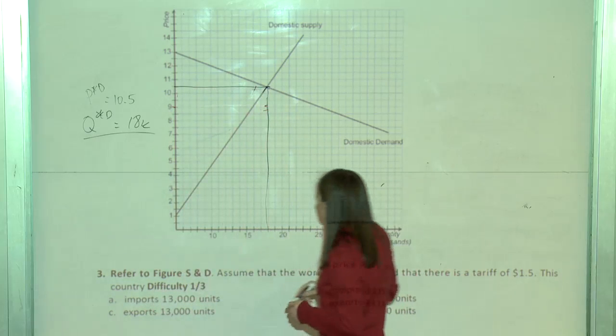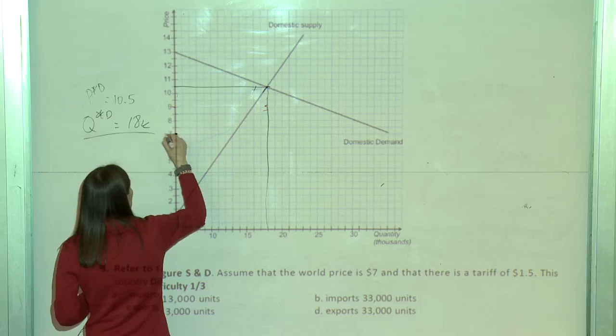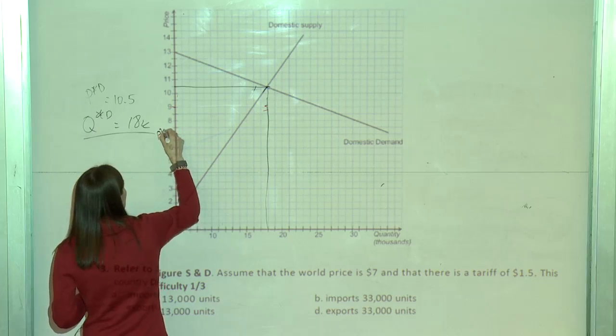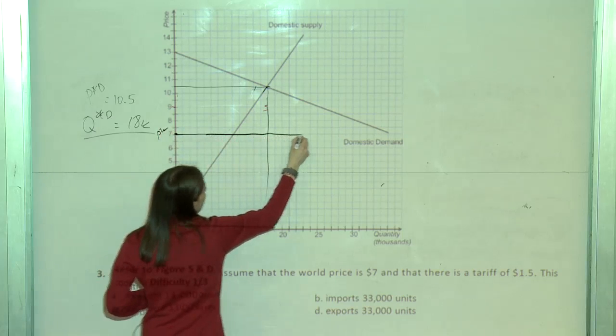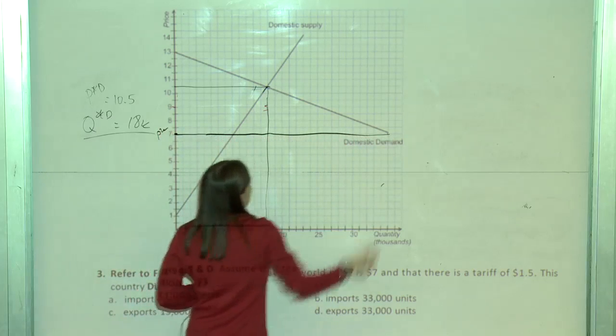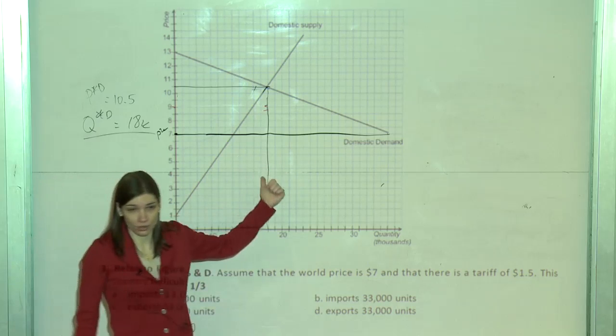Okay, so the world price is $7. So we're here. And without any tariffs, what would this country do? Import or export? Import, right? Because demand's higher than supply, so they're going to import.